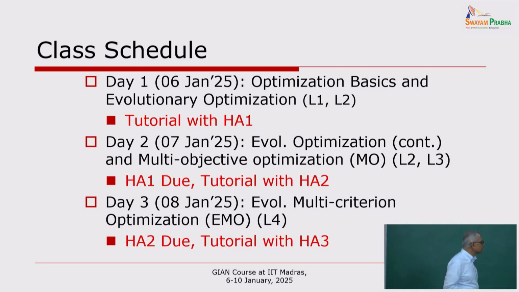And then we'll talk about the tutorial for tomorrow, HA2. And then day 3 we'll talk about the evolutionary way of doing multi-criteria optimization, because you will already have evolutionary optimization background tomorrow. So day 3 we'll do evolutionary multi-objective optimization. HA2 will be due and we'll give you HA3.